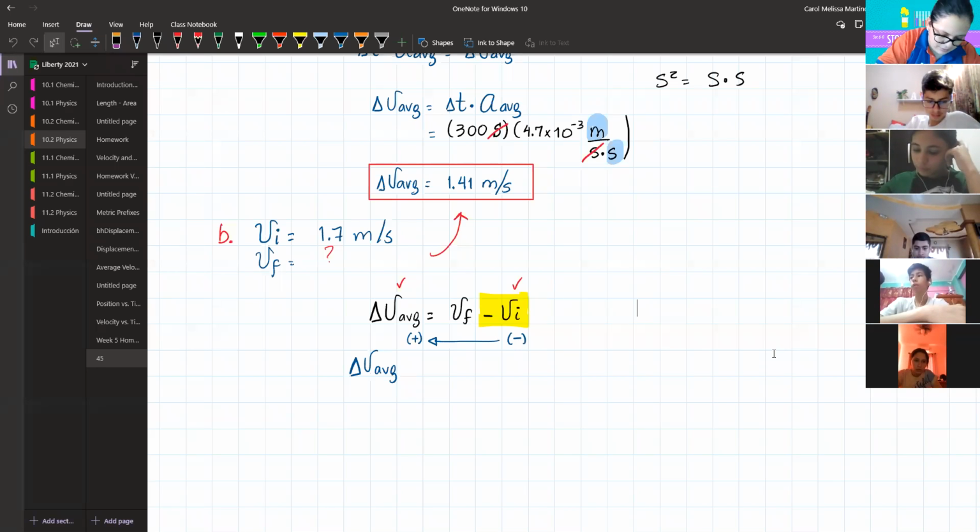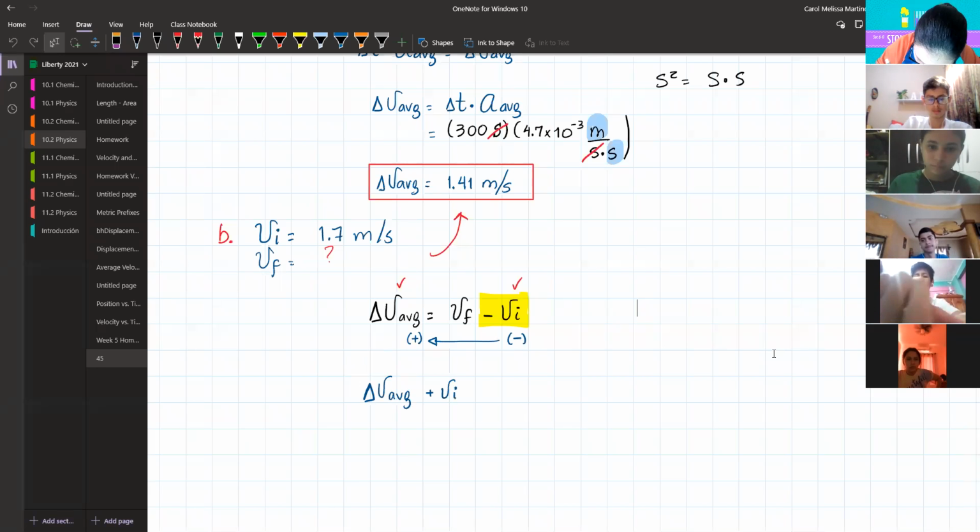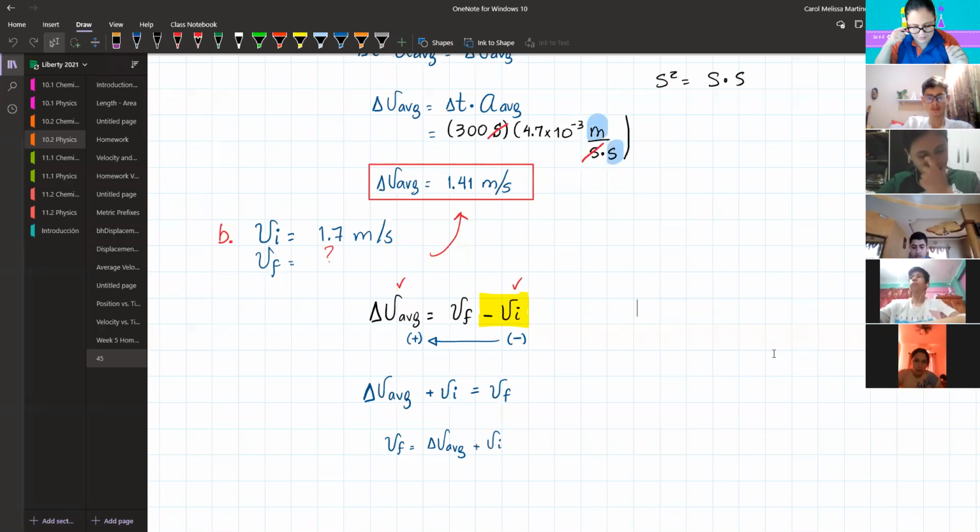So delta V average plus initial velocity is going to be equal to my final velocity. Again, it is my personal choice to have my unknown on the left, so I'm going to arrange it as final velocity equals delta V plus VI, initial velocity.